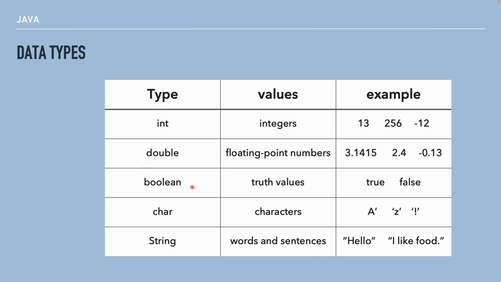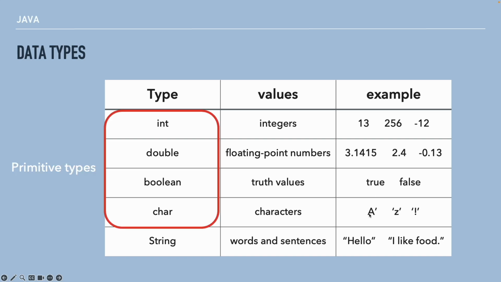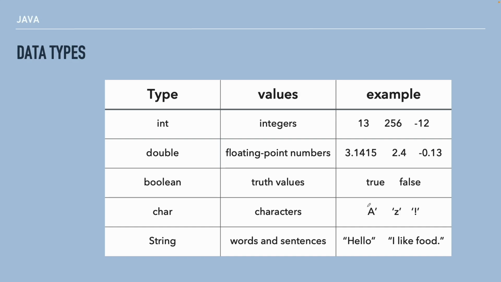Booleans are a way for you to define true or false. So these are truth values. This is very simple: it only stores 2 different values, either true or false. And this is useful when you want to make decisions in your program. A char, short for character, is your single characters. I'm actually missing a character over here. This is supposed to be a single quote. So whenever you have a single quote, that is a character data type.